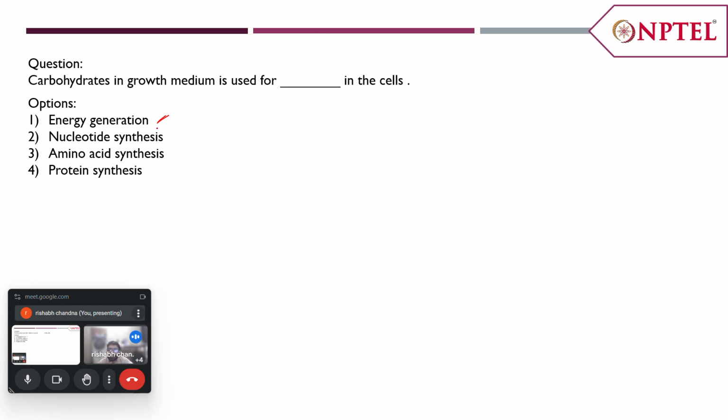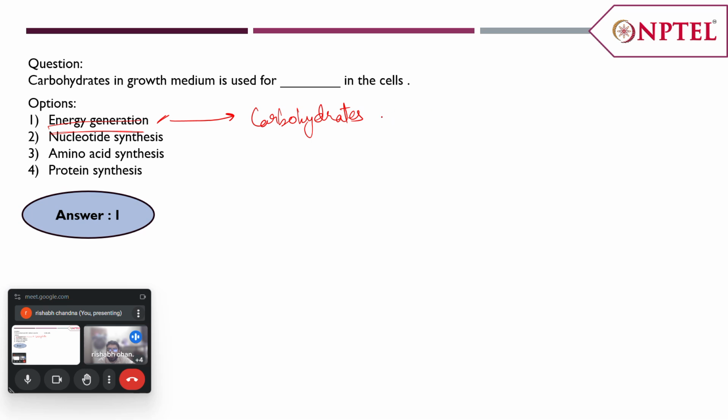Yes, the correct answer is option number one. Whenever we see the term energy generation, the first thing that must come to our mind is carbohydrates. And out of the carbohydrates, the main constituent that is used in most of the mediums is glucose.